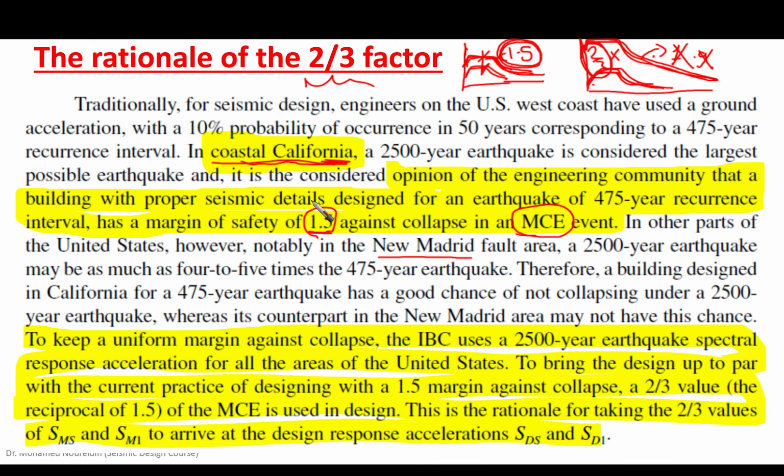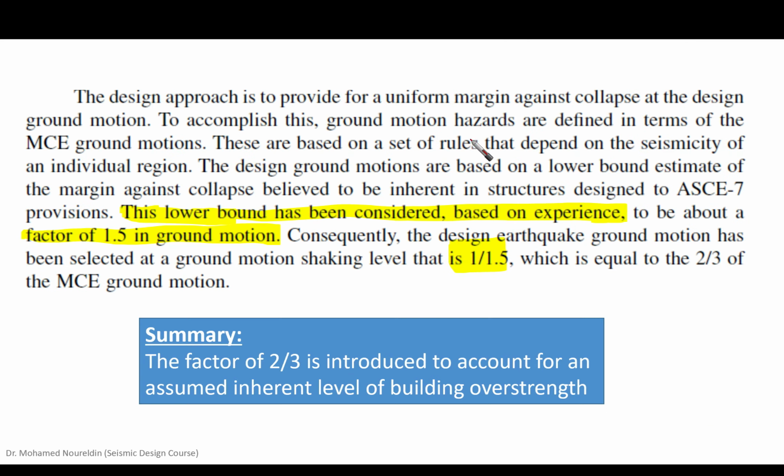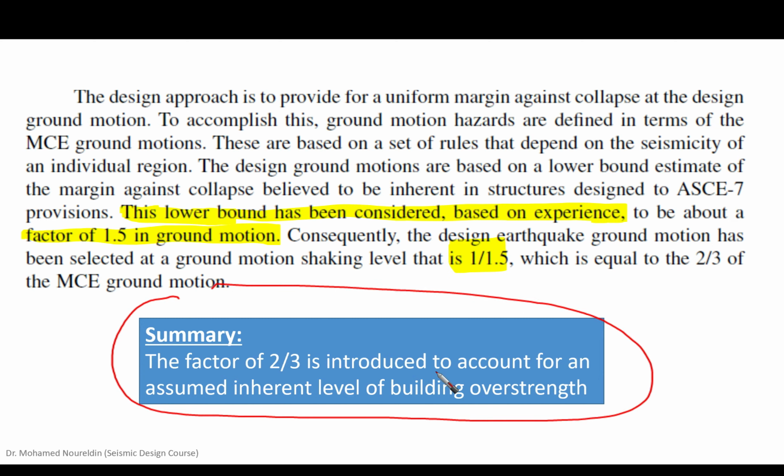You can read this here; I put it here from one of the references, but what I have explained now tells the story. In order to summarize, we can say that this factor, which is 2/3, is introduced to account for the assumed inherent level of building overstrength. Because, as I said, if we use the risk targeted spectrum, we found that we have a safety factor of 1.5, including the details and everything.